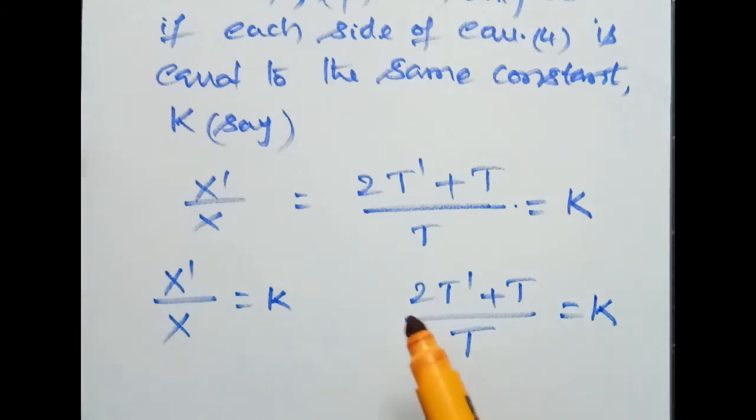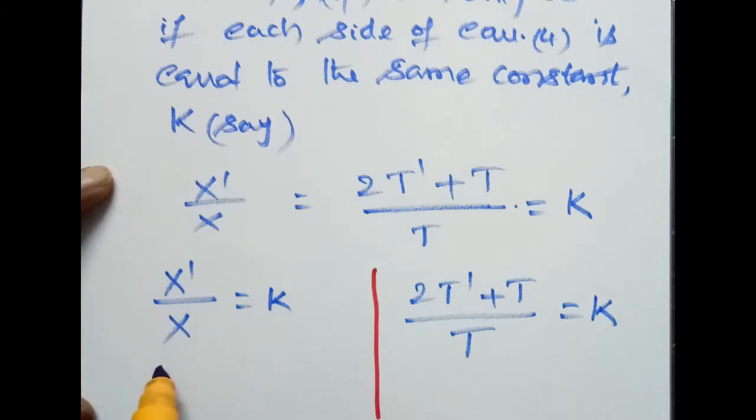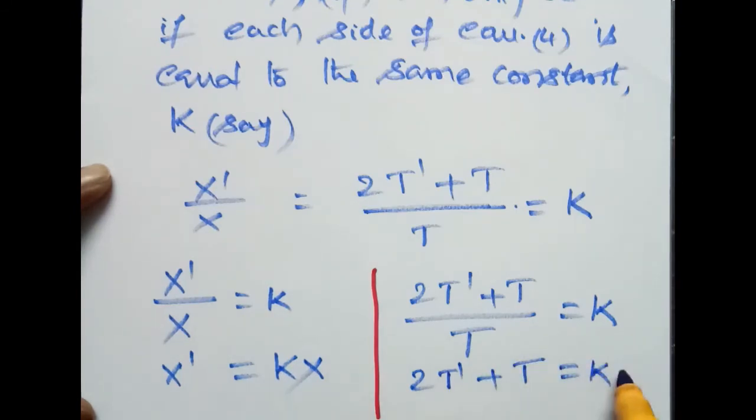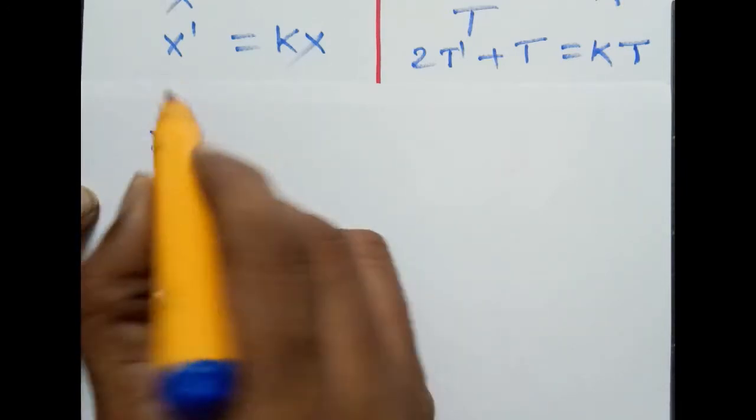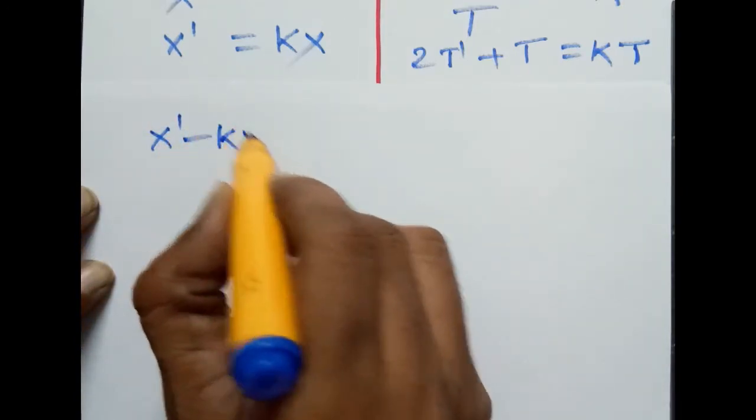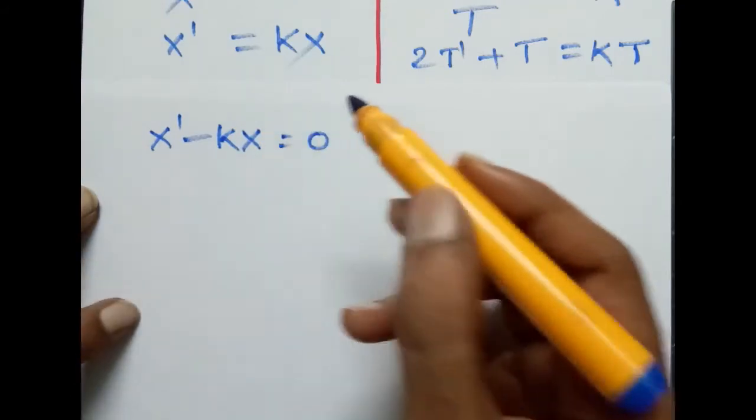Now solve this by cross multiplication. We will get X dash equal to k into X, and 2T dash plus T is equal to k into T. Therefore this can be written as X dash minus k into X equal to 0.